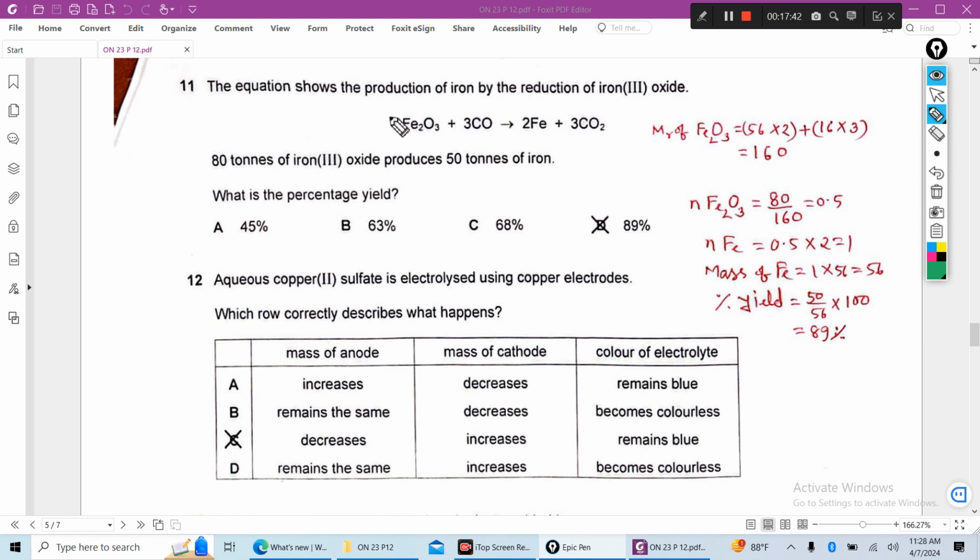Then the ratio is 1:2, so moles of iron will be 2 times greater, so the moles of iron are 0.5 times 2, which is 1. Now the calculated mass of iron is number of moles times molar mass 56. Percentage yield is the actual mass, 50 tons, divided by the calculated mass 56, times 100, so 89%.